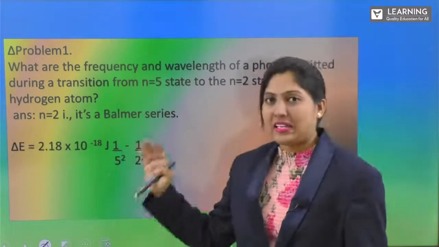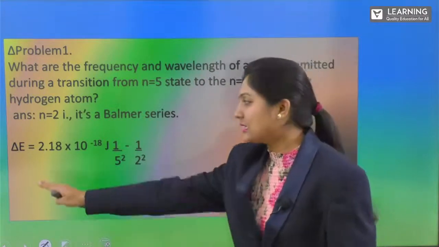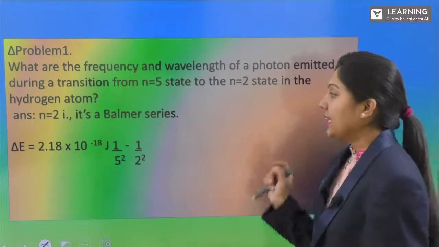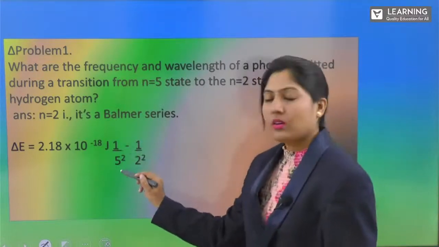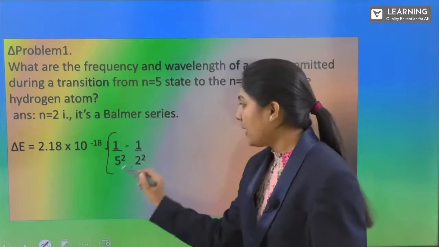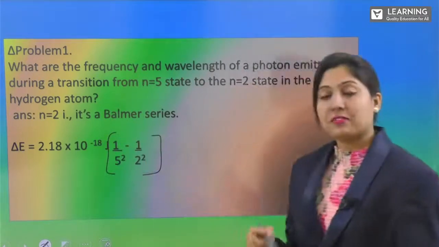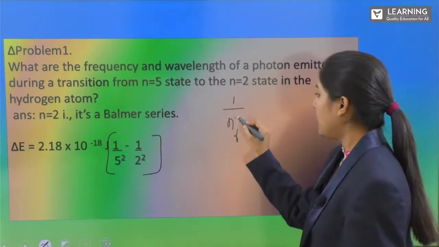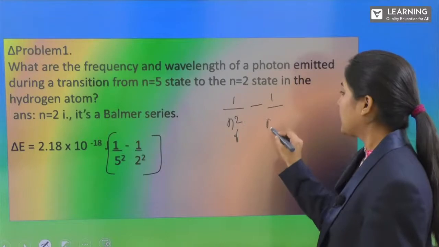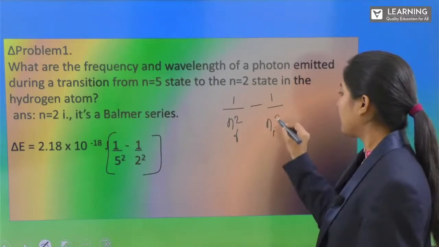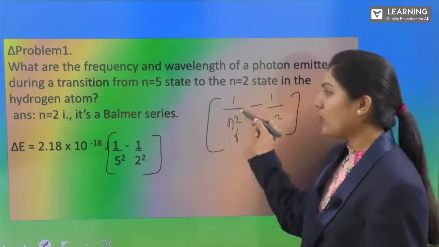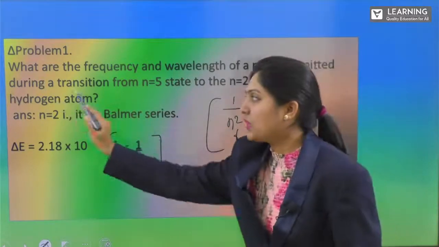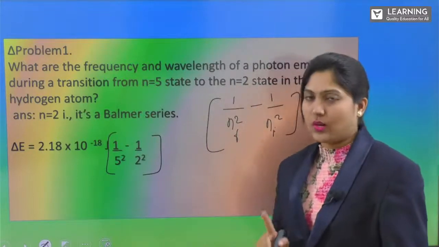So delta E, as we saw in the previous derivation, is equal to 2.18 into 10 raised to minus 18 joules into Z square, times 1 by nf square minus 1 by ni square. Why is Z not taken here? Because it is for the hydrogen atom, where Z equals 1, and 1 square is 1.